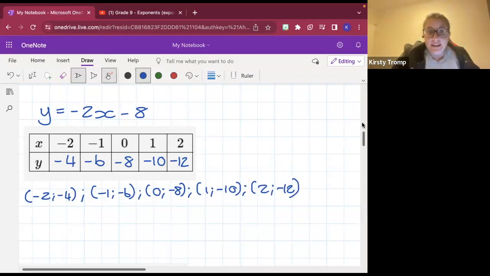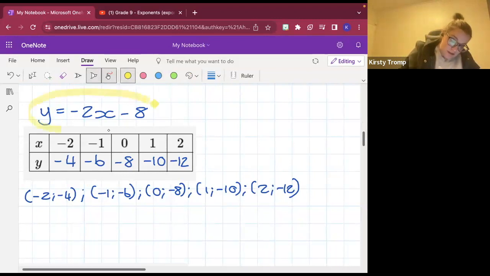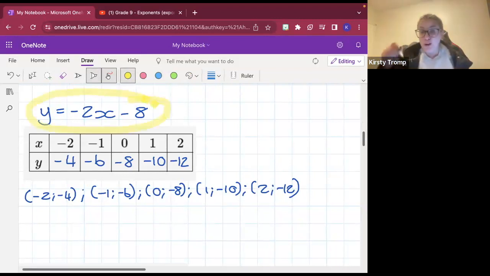I want to remind you guys that because they've given this to you as an equation, when we put this onto our graph now, it is imperative that you join up the points. You cannot just plot the points, guys. You have to join them up with a ruler, put your arrows on the line, and label that line.